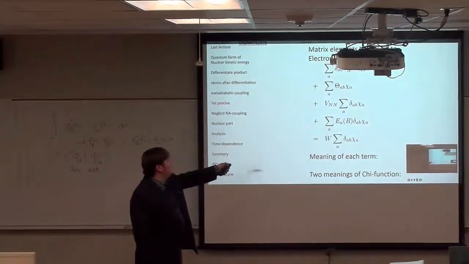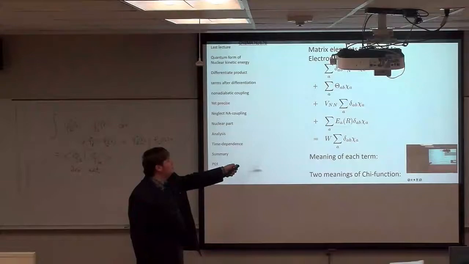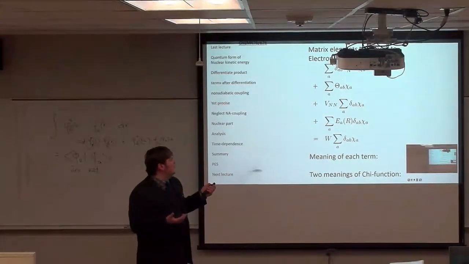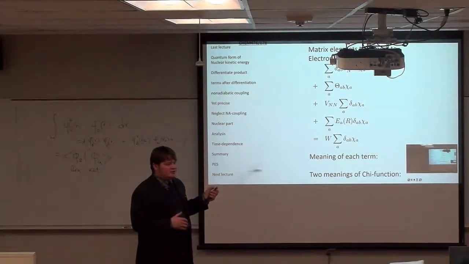Now our first term splits into two parts. One is the standard, canonical, pure kinetic energy of the nucleus multiplied by a delta function, which creates no problem. Then the exotic non-adiabatic couplings that are not diagonal, which create problems.